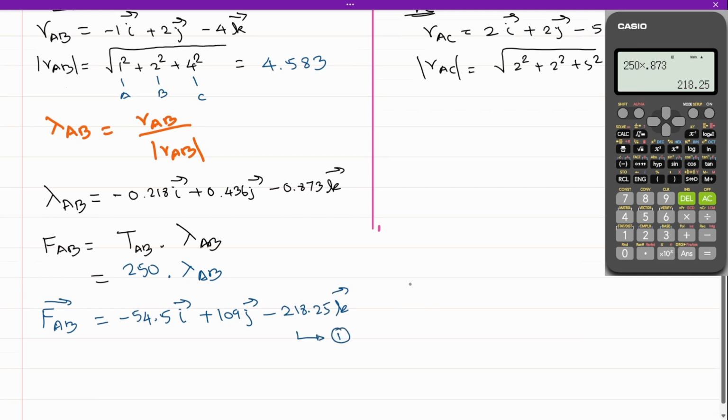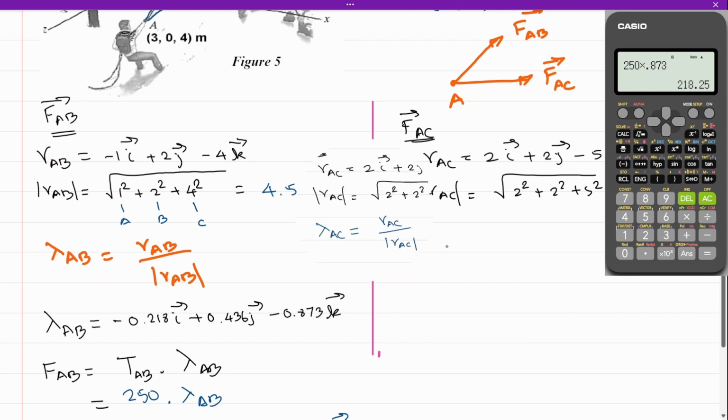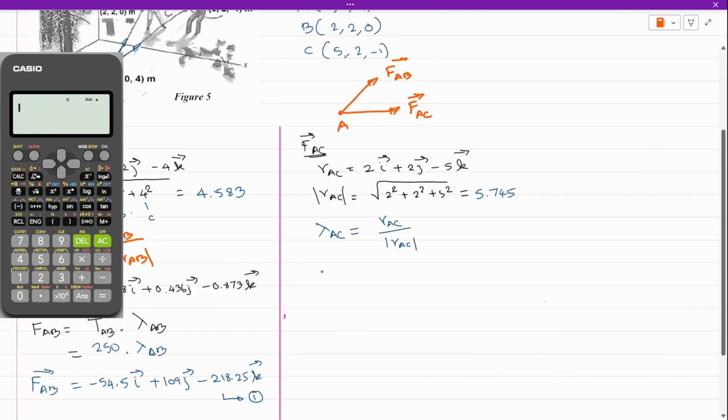Let us do the same for FAC. Let us identify lambda AC. 2 divided by 5.745, which is 0.348. So lambda AC will be 0.348 I vector.